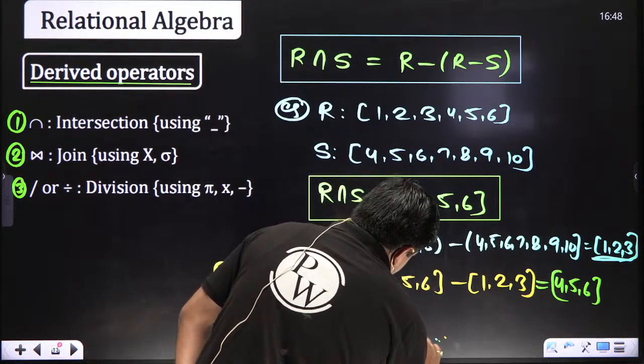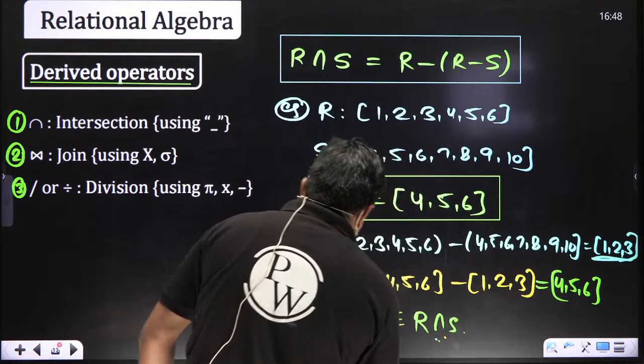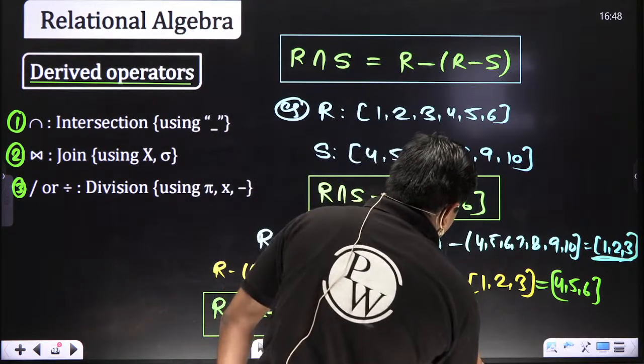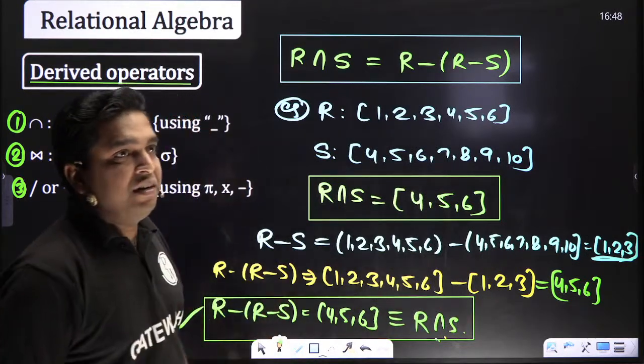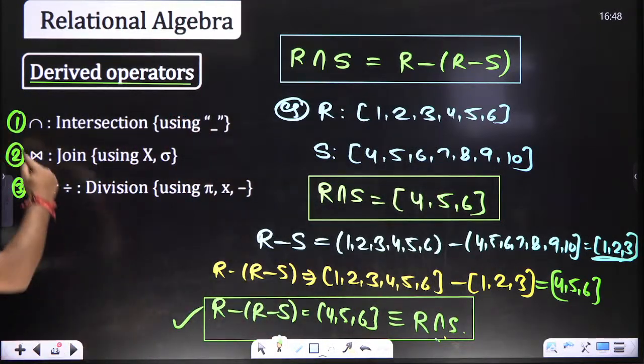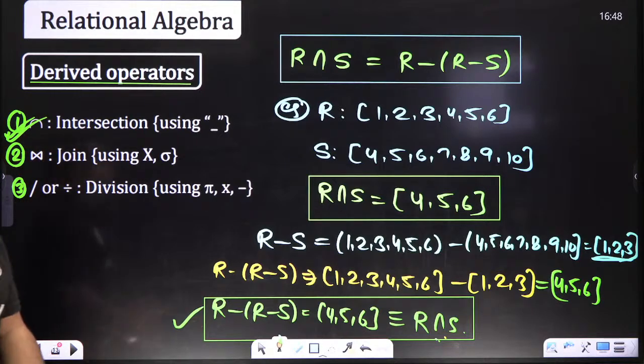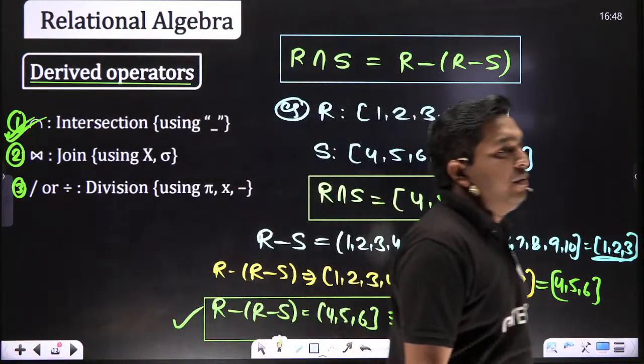That is equivalent to R intersection S, my dear. Hope you are getting it, everyone. Crystal clear? So intersection we have done here. Now we will discuss each and every operator one by one.